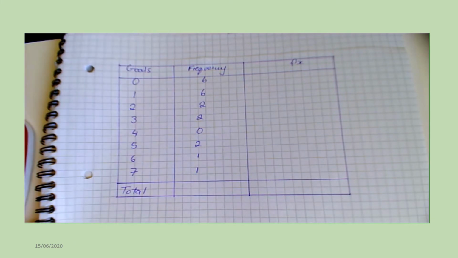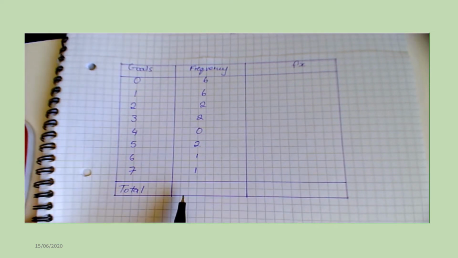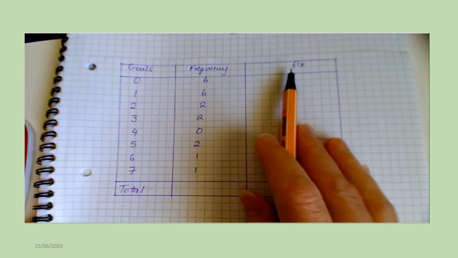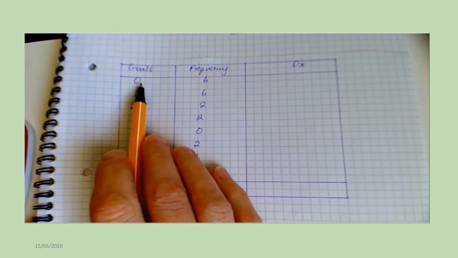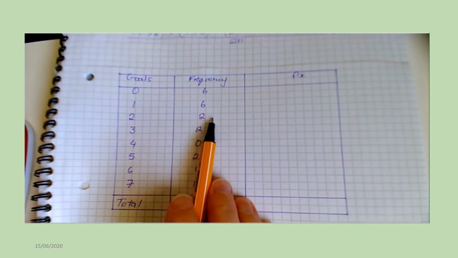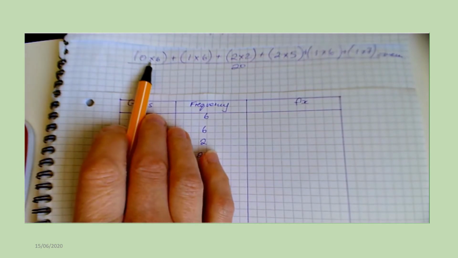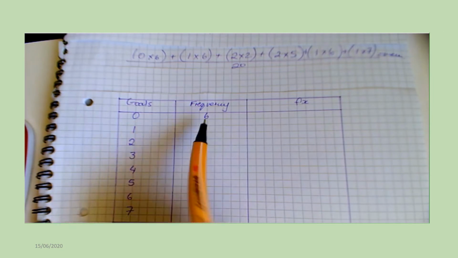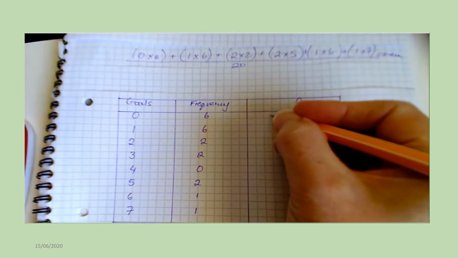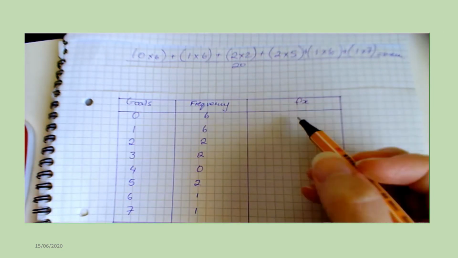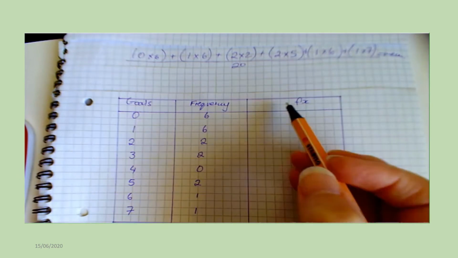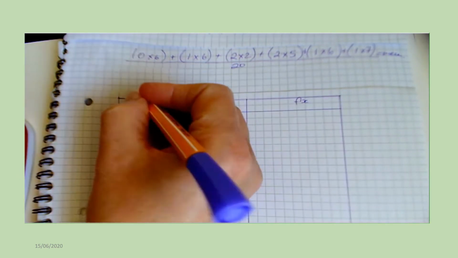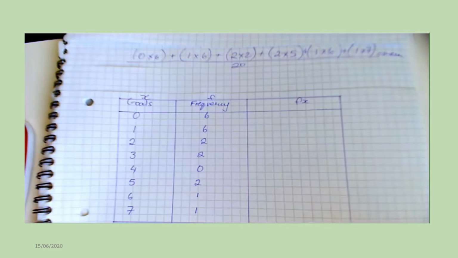So to work out the mean from a frequency table, what we would do is first of all multiply 0 by 6. So it's exactly the same as we would have done over here, just in a table. So the fx would mean the frequency times by x, goals would be x, and this is our frequency.